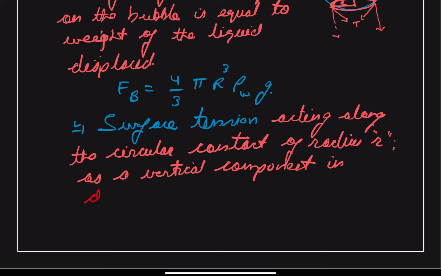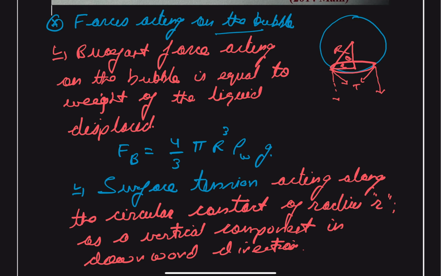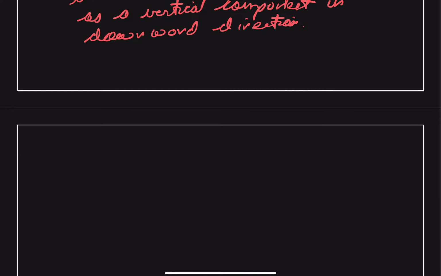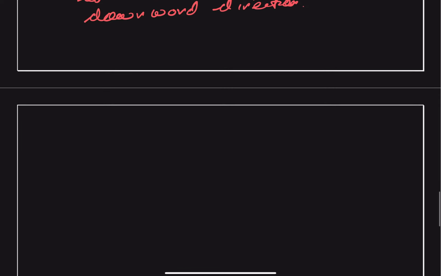So we can write that our surface tension force Ft will be equal to 2 pi r multiplied by T, and we have this as sine of theta.